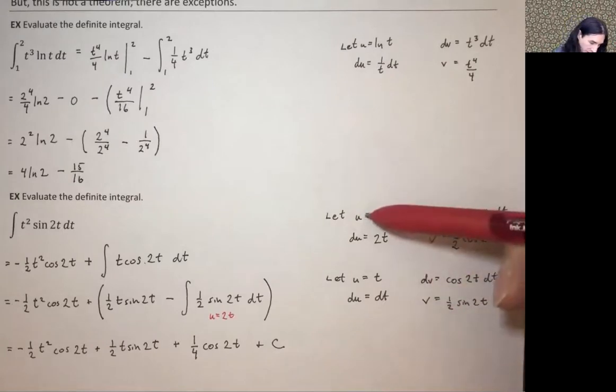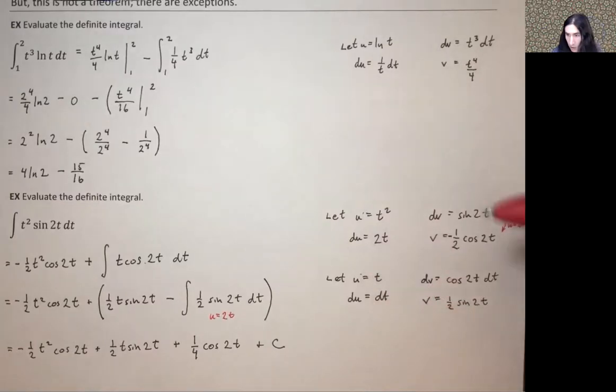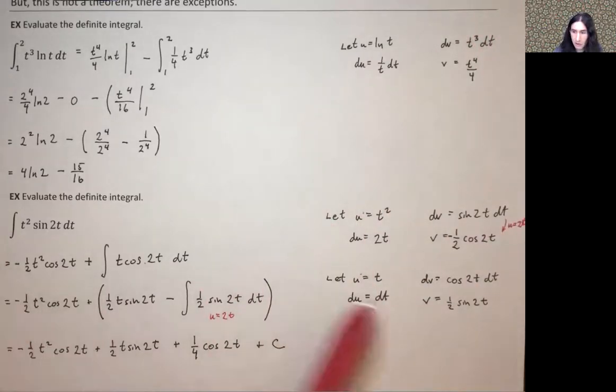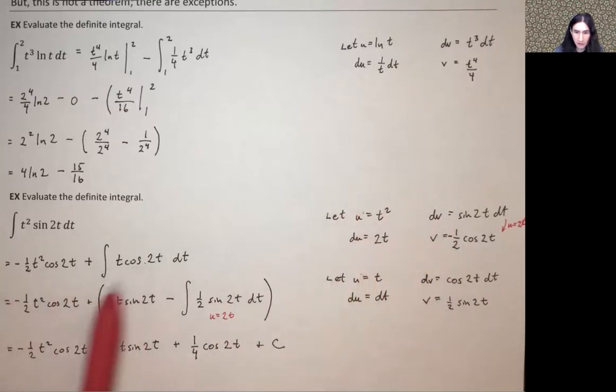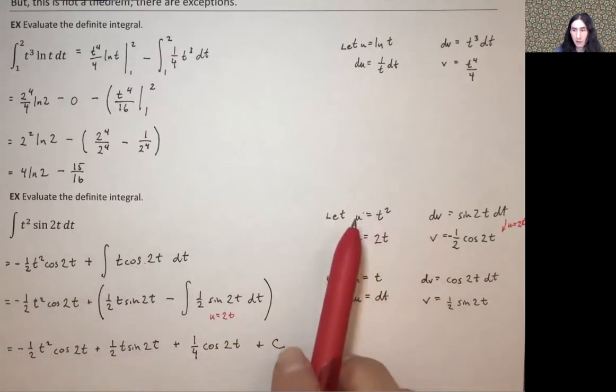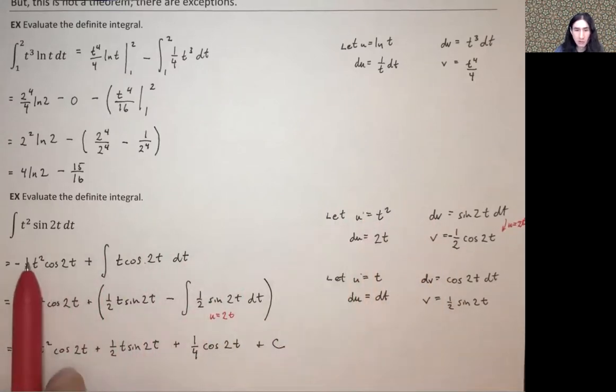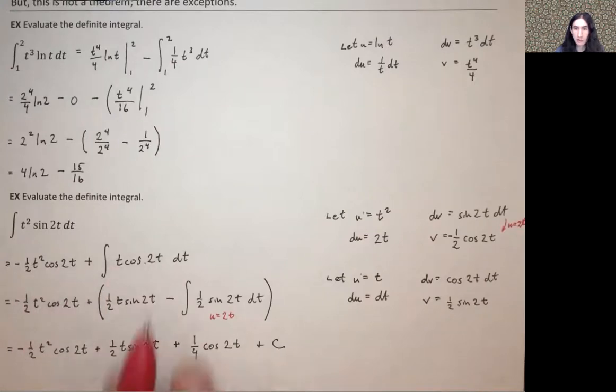You might also ask, isn't this bad practice to have a u here and a u here? In general, yes, you're right. However, notice how this stuff over on the side never actually makes it into my problem. So even though I'm talking about u over here, we don't ever see a u over here.